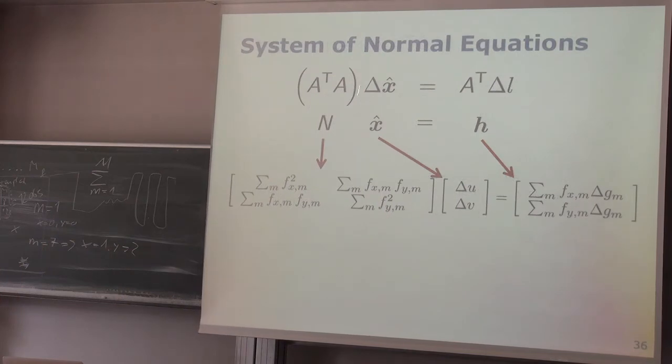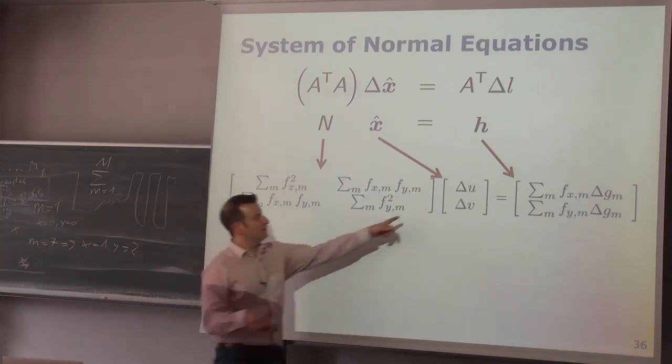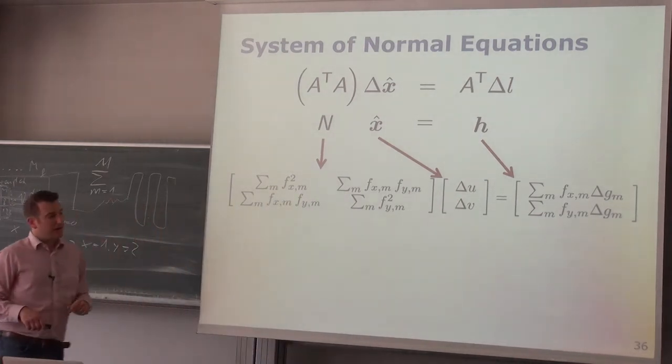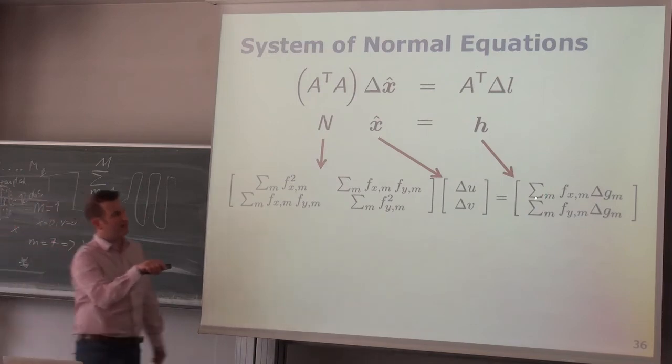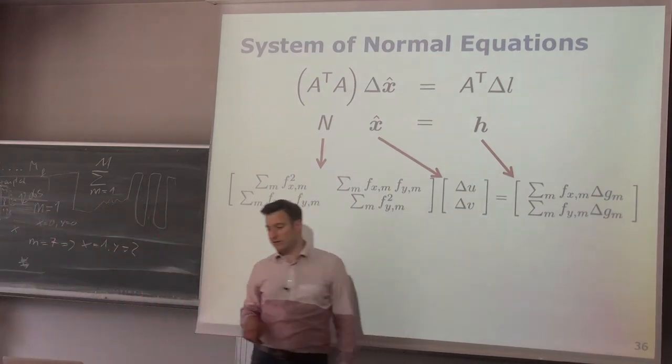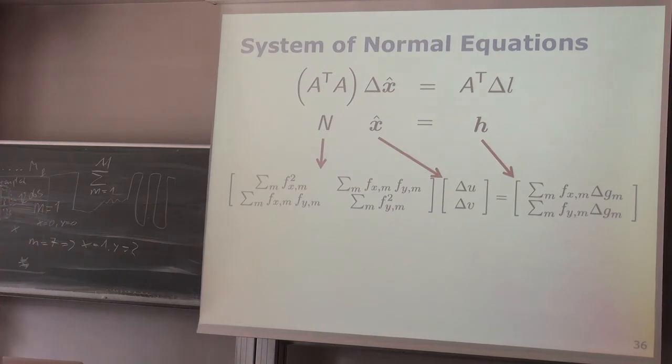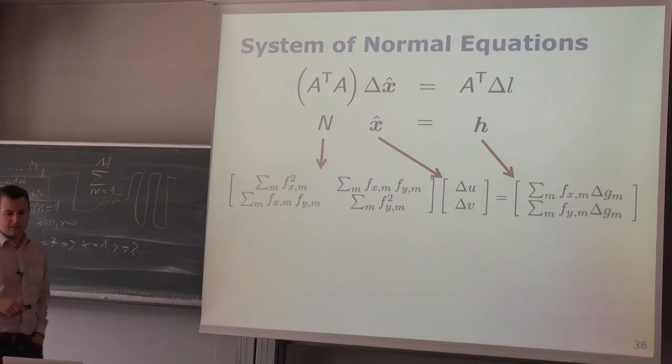Okay, so it's just a copy-paste from the previous slide. This is our matrix N that we have. Our X corresponds to the change in our offset parameters, and this is simply the Jacobian and the delta L, so the change in G minus F at the corresponding locations.